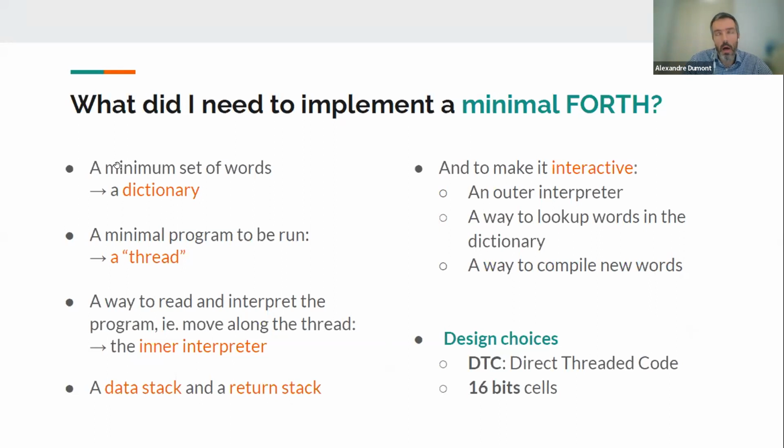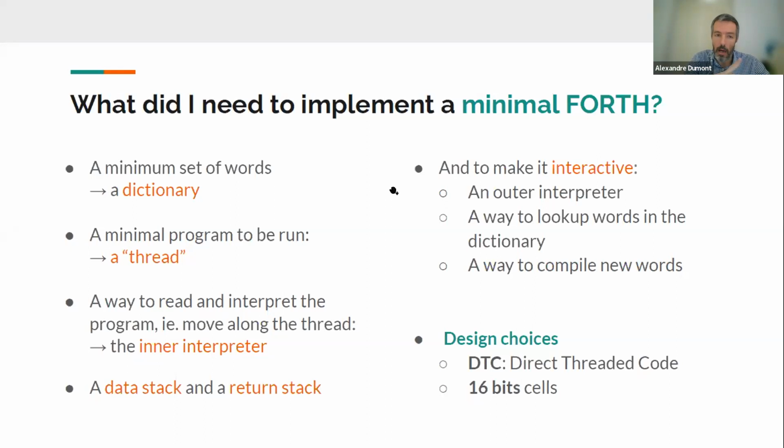I needed a very minimal set of words, basically a starting core dictionary, a minimal program that started to run, some code to interpret that program, which is the inner interpreter, and a data stack and return stack.